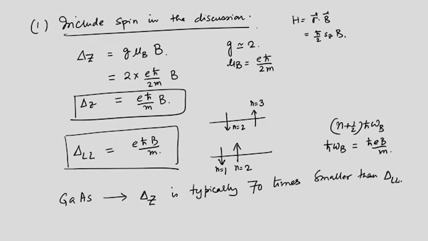So one can conclude that trying to include the effect of spin on the integer quantum Hall effect that we are talking about is a worthwhile exercise, however, it doesn't give you anything significant that we should really be worried about. It's just that the nth Landau level of one spin coincides with the n plus 1th level of the other spin.